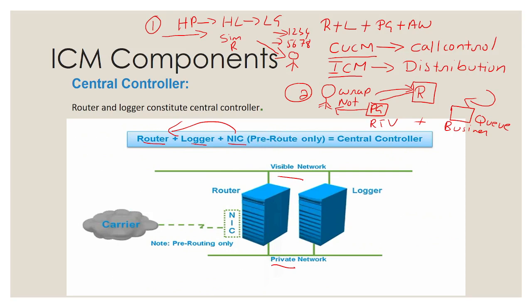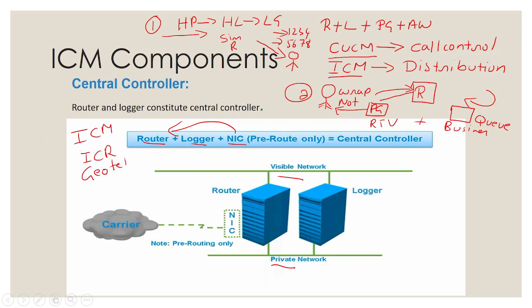So no need to worry about this. No organization is using these NICs. And this ICM basically was used by the service providers to make intelligent call routing. Back in the days, it was also called ICR, Intelligent Call Router. And Cisco acquired it through Geotel, as you might already know.